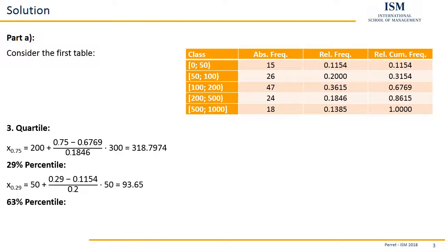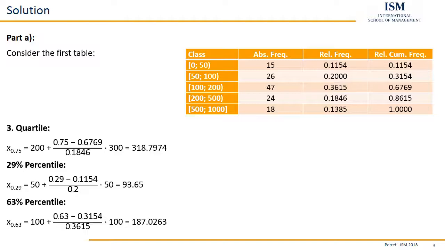Then we have the third part, the 63rd percentile. Here we work similarly. We see the first class where we get over 63%, that's the class from 100 to 200.